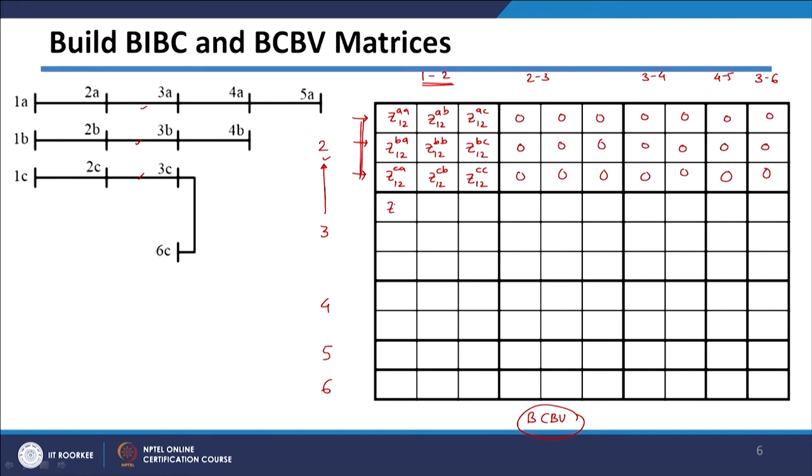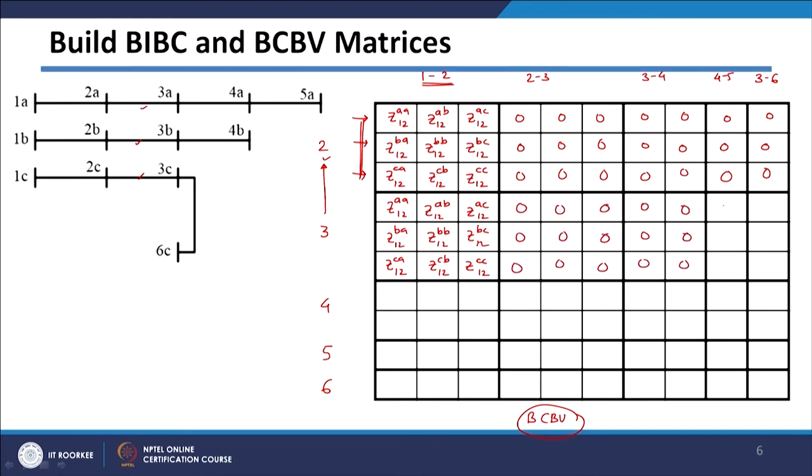So, it is again Z AA, Z AB, Z AC, Z BA, Z BB, Z BC, Z CA, Z CB and Z CC, and I am just copying it as it is. So, it will be 1 2 everywhere, and since I am copying it as it is, it will be like this.